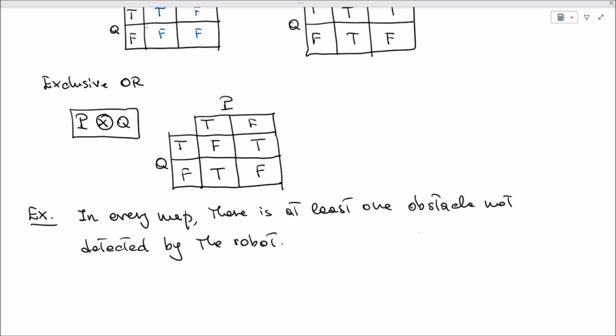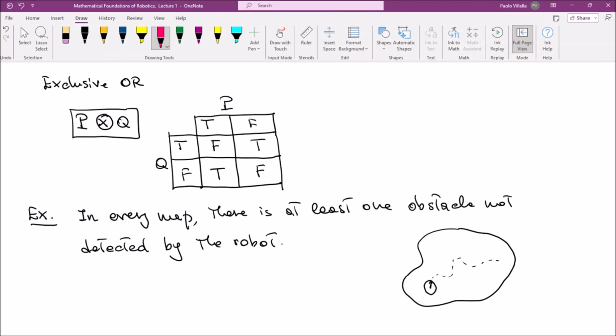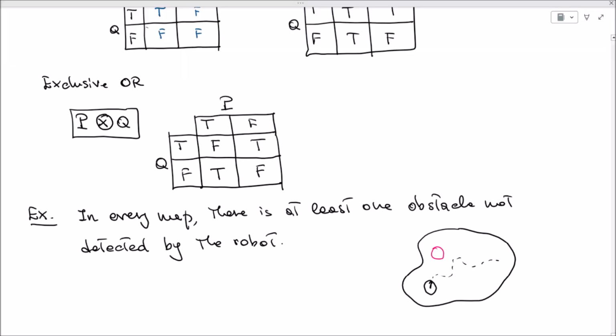We are referring now to a situation where we have a map and the robot has to navigate autonomously through the map, trying to avoid all obstacles that can be present in the map. So clearly the robot needs to detect these obstacles in order to avoid them.